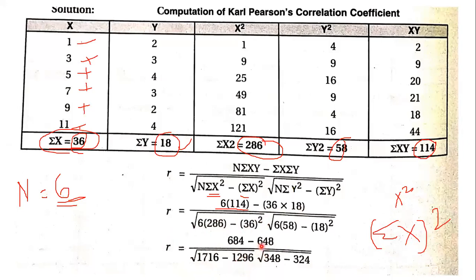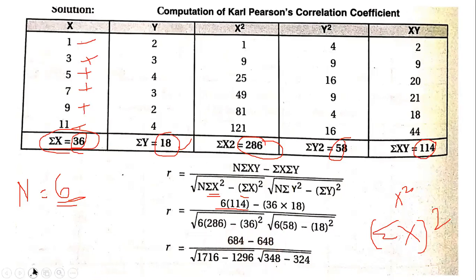You have to do all this calculation. 36 square is nothing but 36 into 36. Once you find the value here, keep it as it is, then find the value for the y here. 6 into 58 is 348 minus 18 square is 324. Now in the next step, do the further simplification. First, subtract these two.